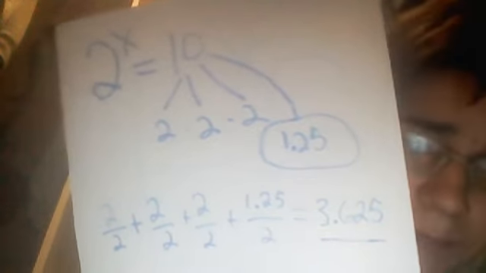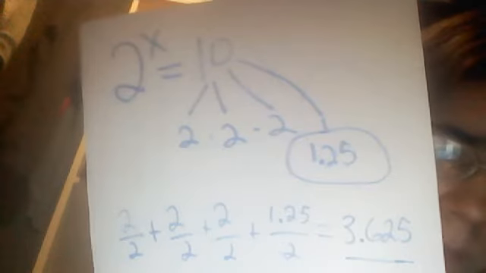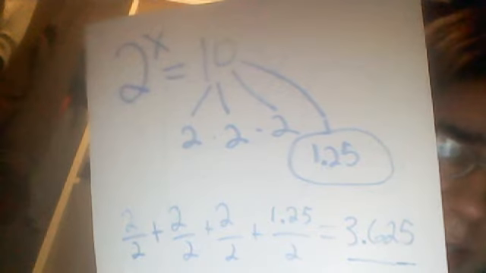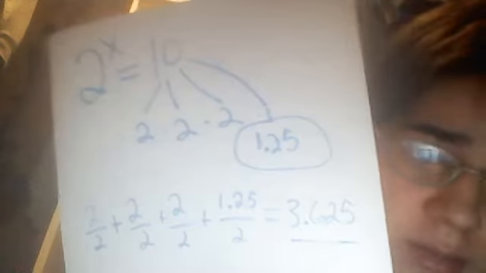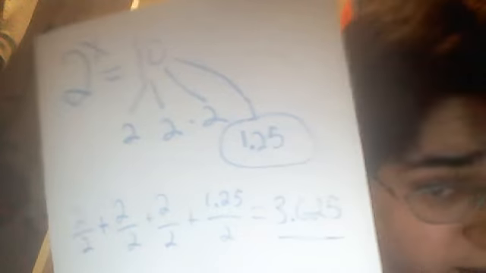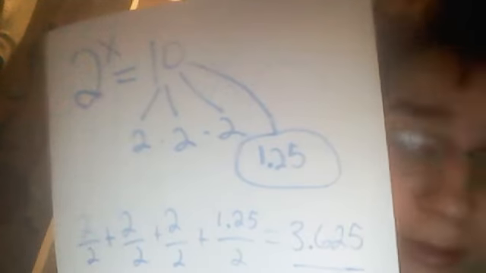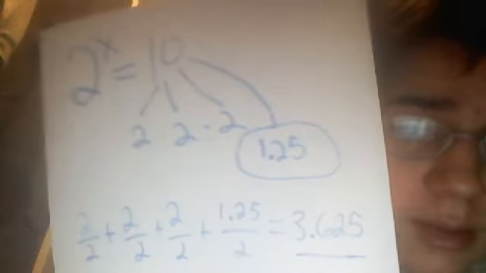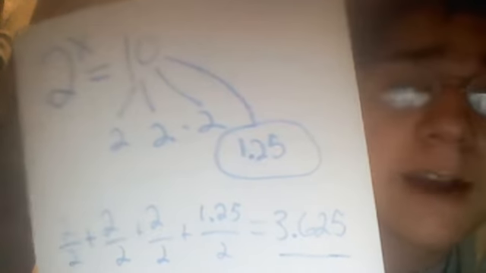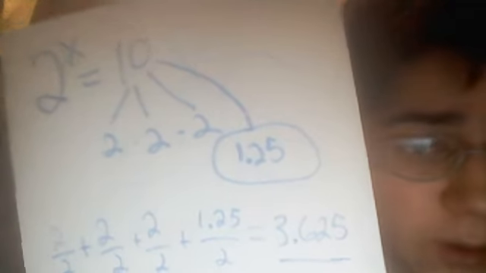What I did was, well, in order to get 10, we can take 3 2's, and you get 8, but that's not 10. If you take 4 2's, that'll give you 16, and that's not 10. So you can't take 3 2's because it's less, and you can't take 4 2's because it's more.